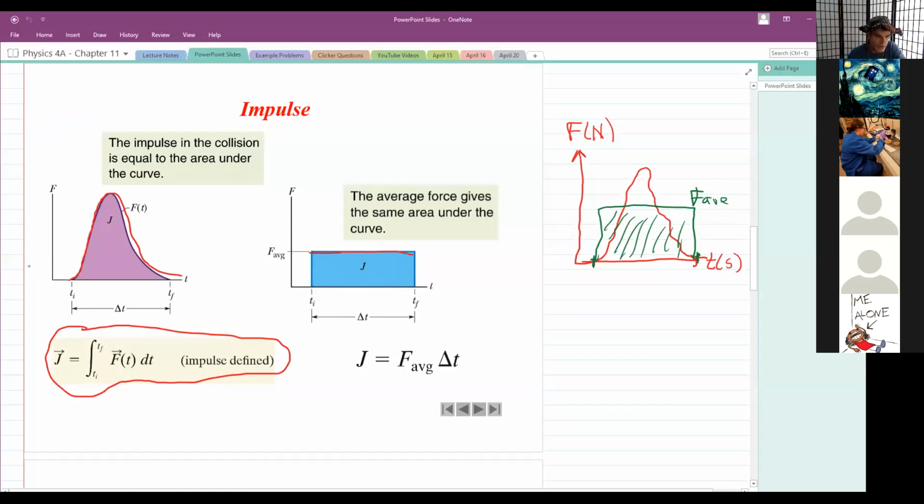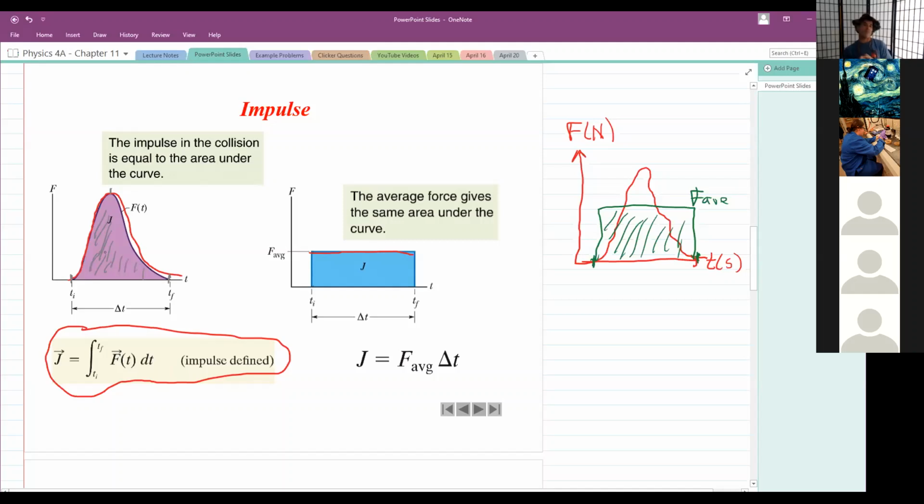So the force starts at 0, increases to some maximum value, decreases back to 0. We define the impulse as basically the overall effect of the force versus time. So impulse is defined as the integral of the force with respect to time. So conceptually then, the impulse is the area under the curve of force versus time.